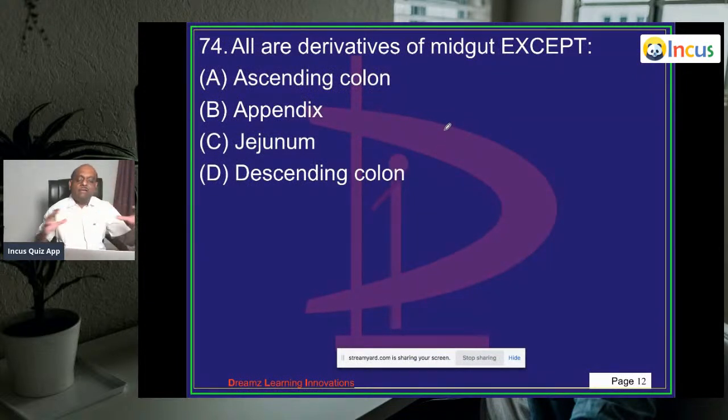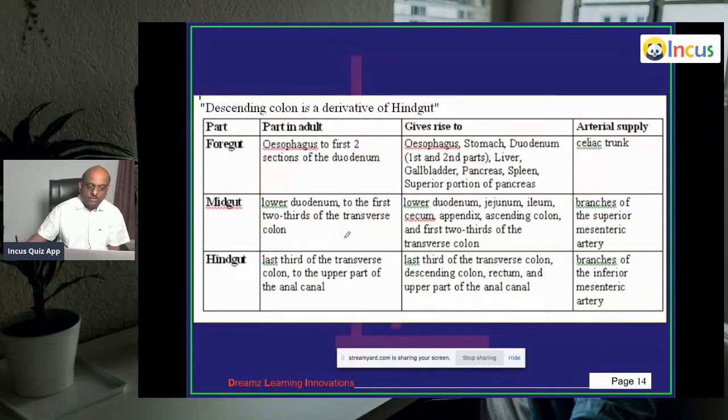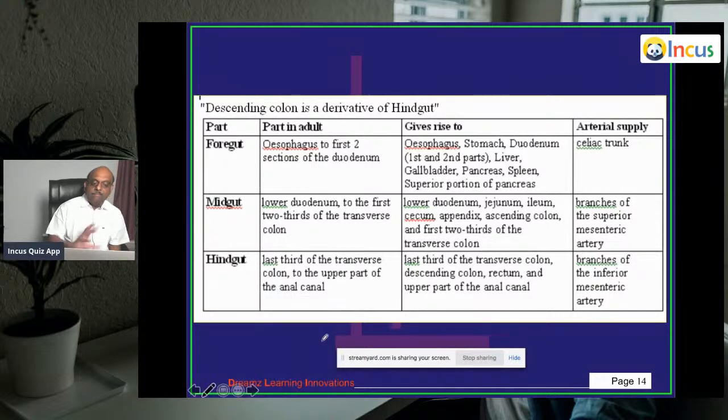Now, what are the derivatives of the midgut? Up to where do we call it midgut, and where do we call it hindgut? What is the blood supply of this? It is a favorite question. Ascending colon, appendix, jejunum, everything comes under midgut. So from the lower duodenum to the first 2/3 of the transverse colon, you like to call it the midgut.